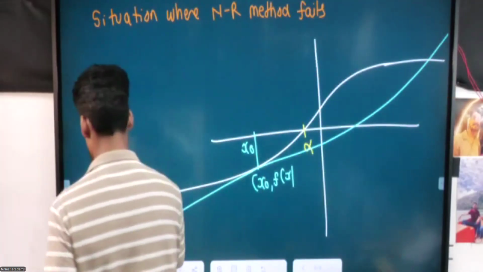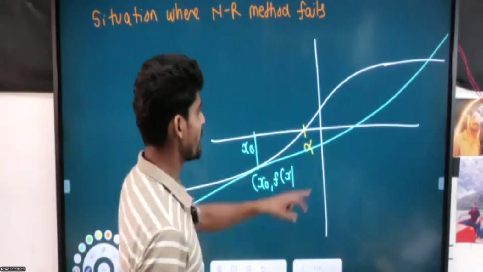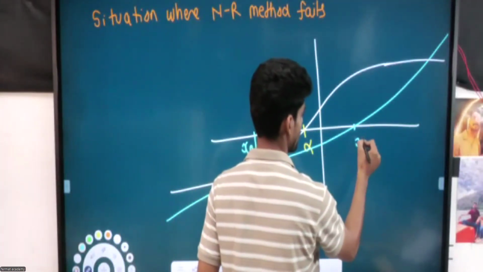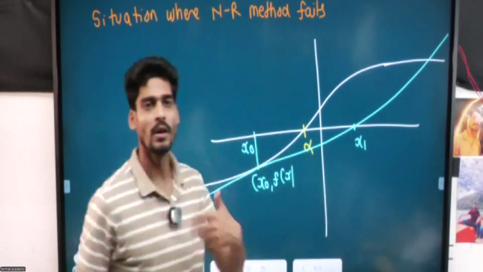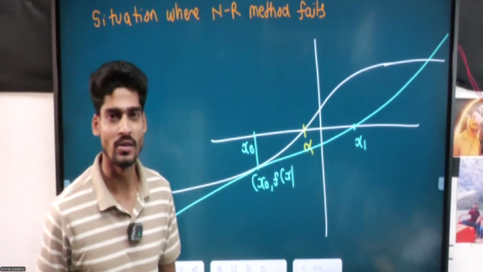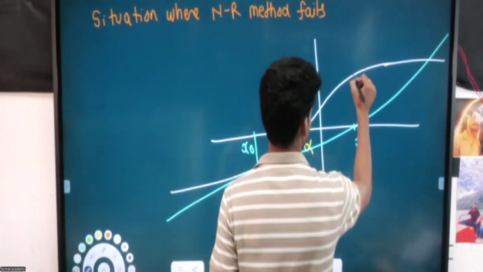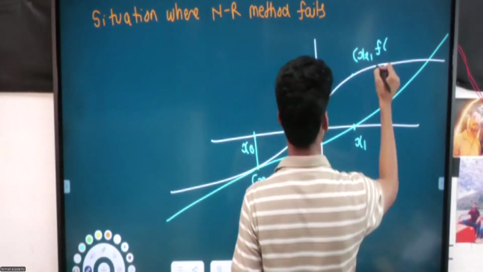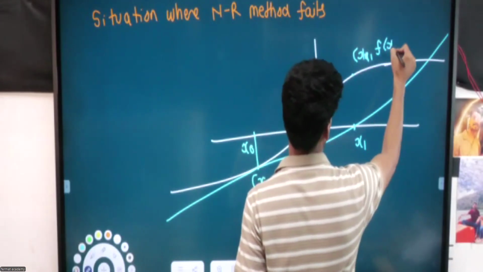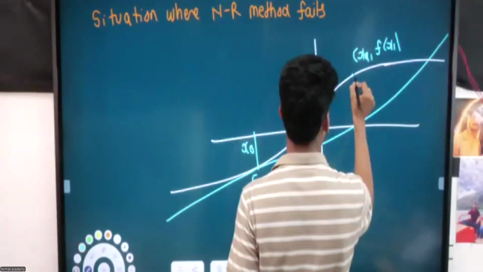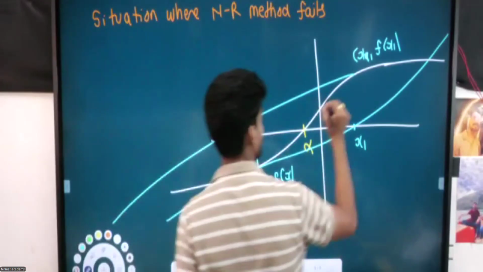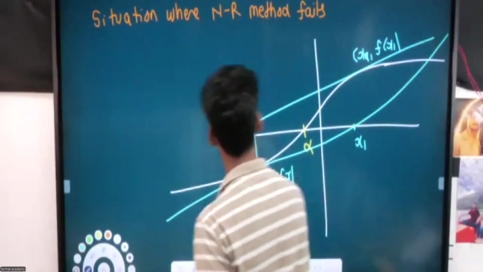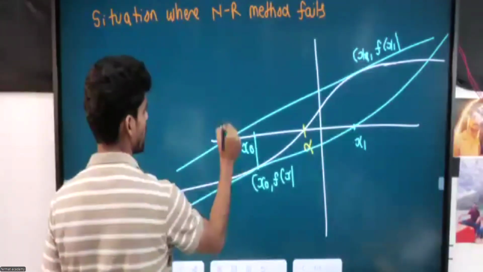Fine. And where it touches the x-axis, you call it x1. And you apply the process again. So this is x1 comma f(x1). Now you take the next tangent, which will be like this. Now this will be your x3.